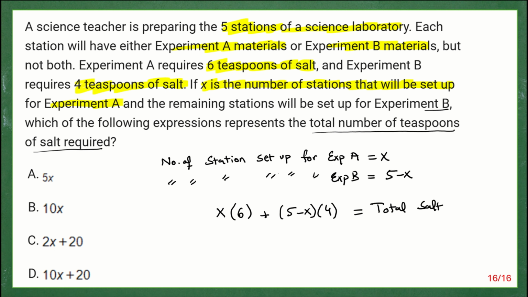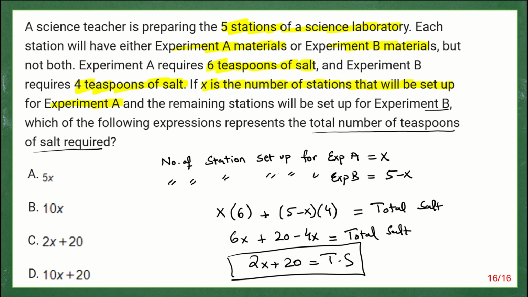So let's simplify this. I have 6x plus 20 minus 4x equals the total salt, and this will become 2x plus 20 here. Okay, so the correct response is option number C here.